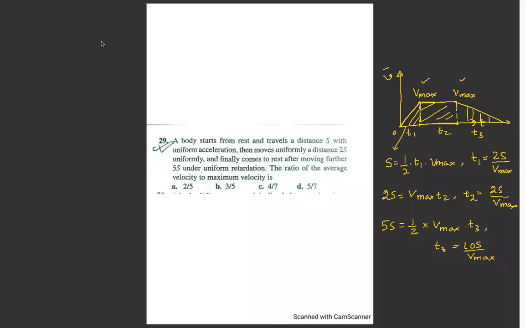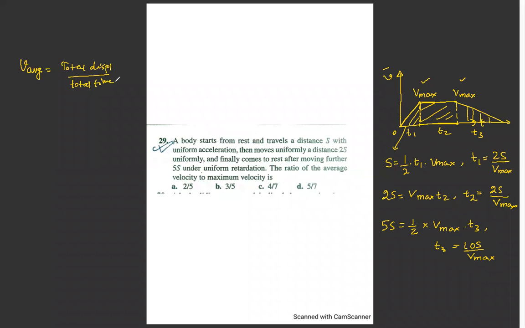We have the total time and we have the total displacement covered by the body. Here the distance and displacement are equal. So we have to find out the average velocity to maximum velocity. Let me find out the average velocity first. V average is equal to the total displacement by total time.